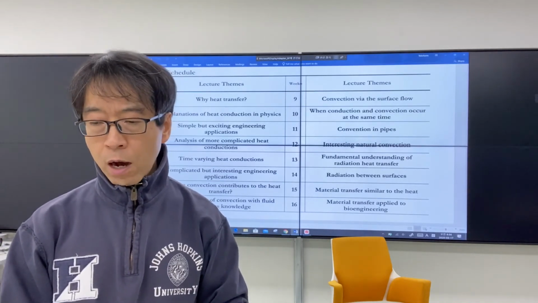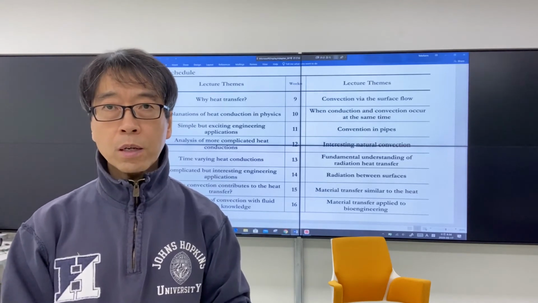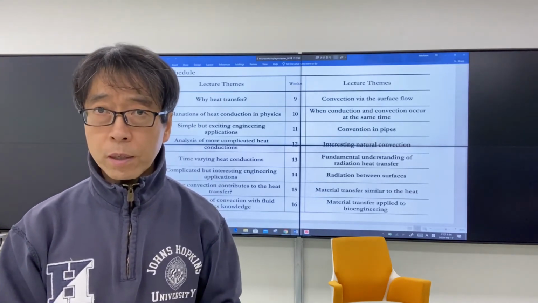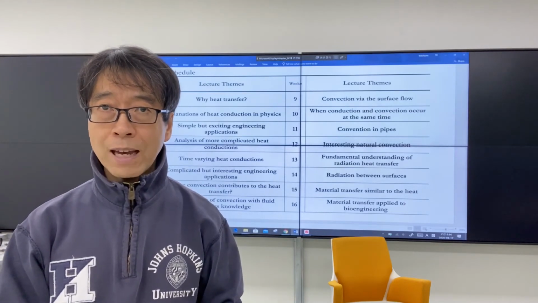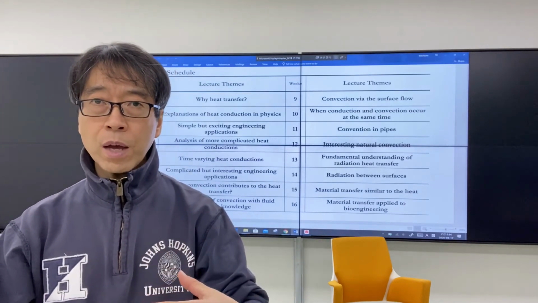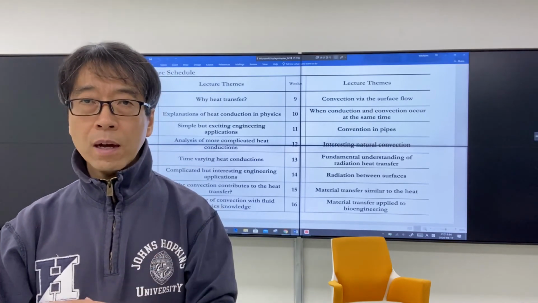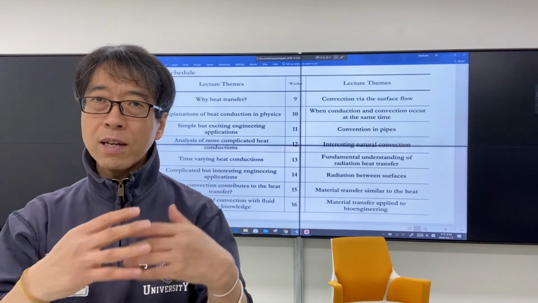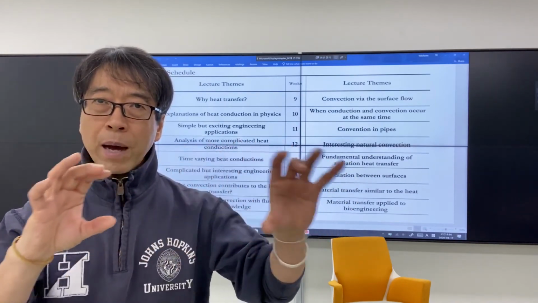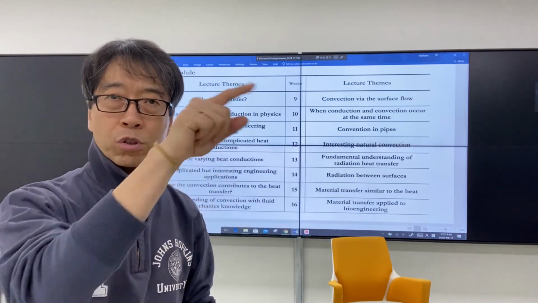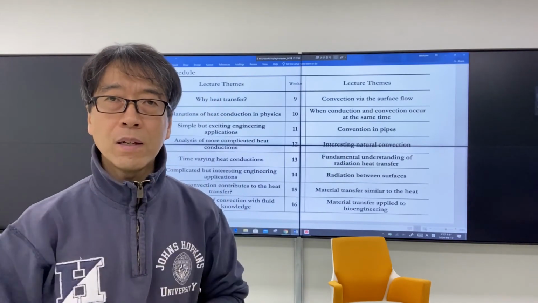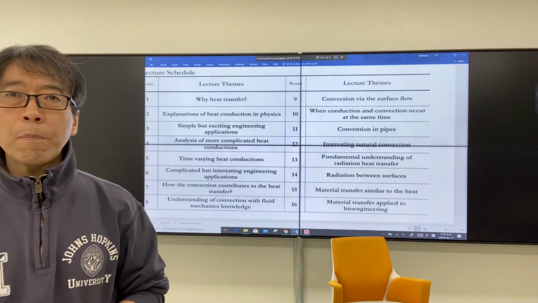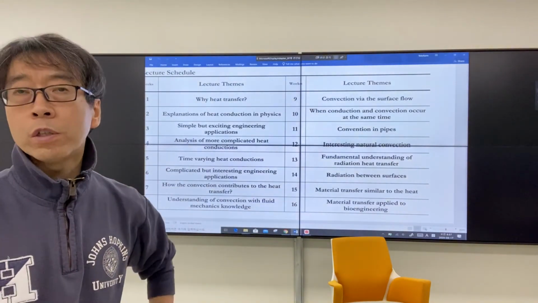We're gonna learn how the material transfer knowledge can be applied to bioengineering. For example, you have a diagnostics kit. You have to understand how these little molecules can transfer and diffuse and convect inside a little microchannel, arriving at your target molecule, how they bind, and how you can use such knowledge for the understanding of the best diagnostics kit in the world.